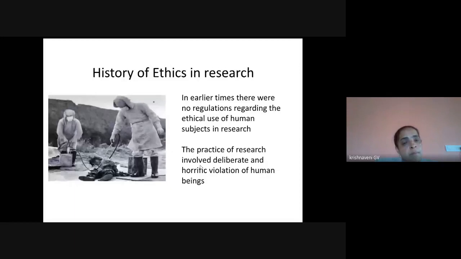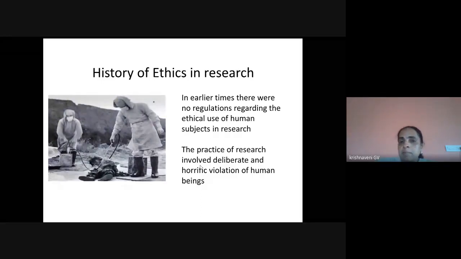So in modern, civilized times, one of the most horrific instances of conducting research without any heed to ethics happened during the Second World War, mainly by scientists in Japan and Germany, who conducted abominable, horrific research among prisoners of war.